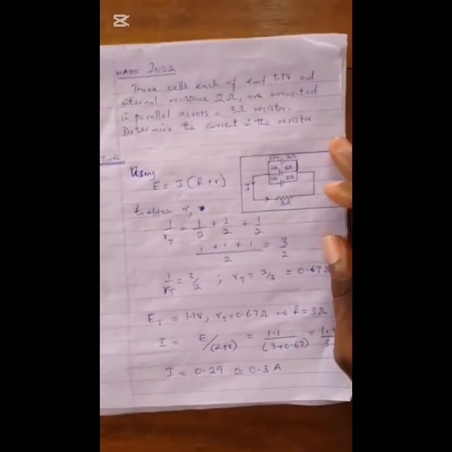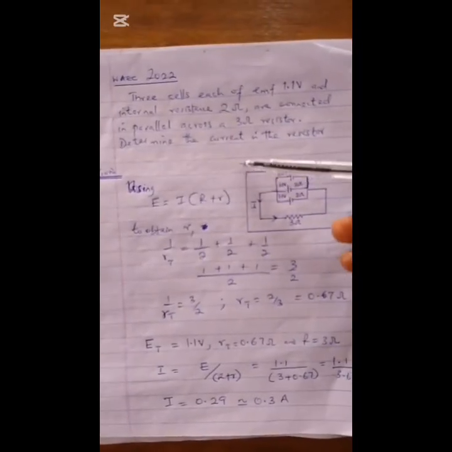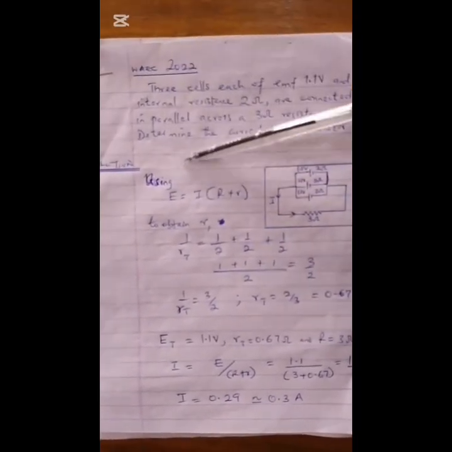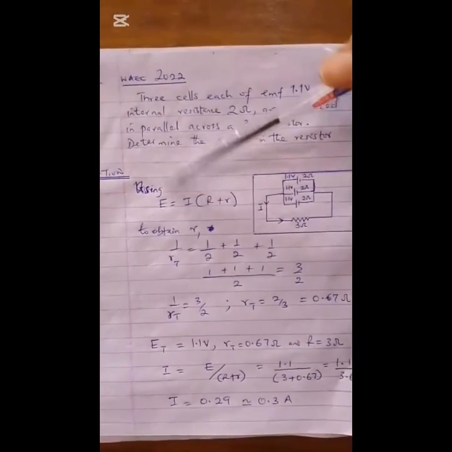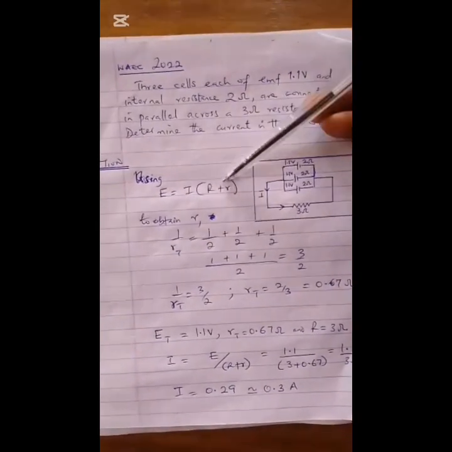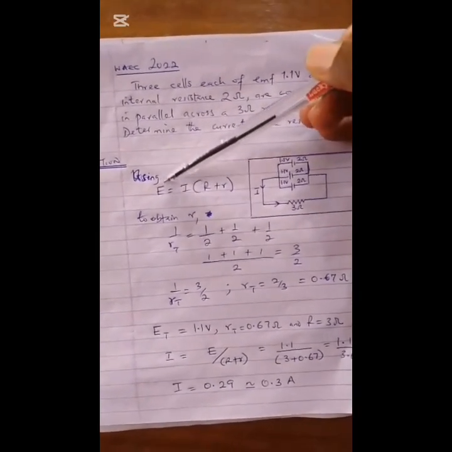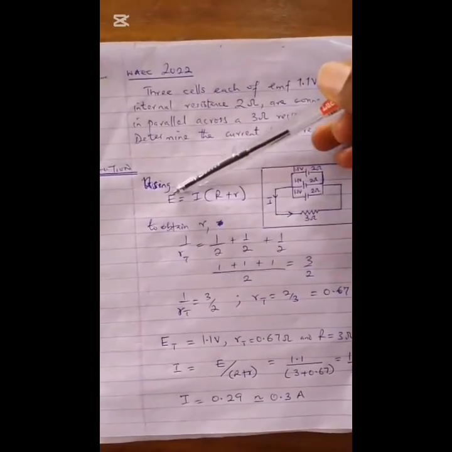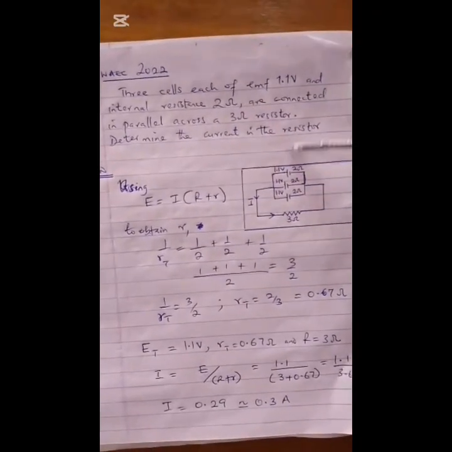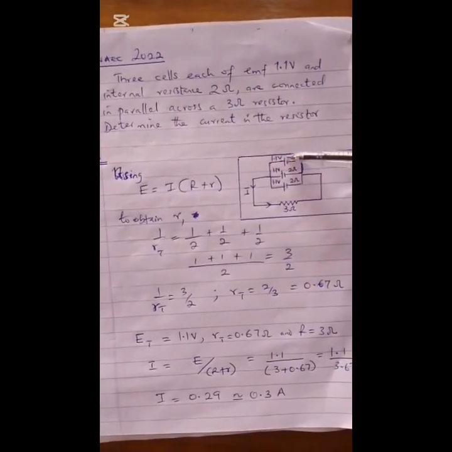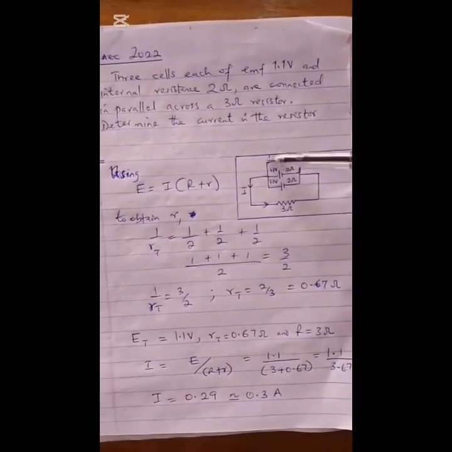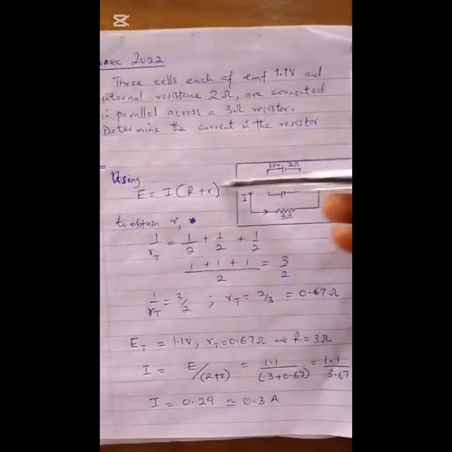All right, so to solve this question, we have to use the formula that connects internal resistance, small letter r, external resistance R, current, and EMF. For cells in parallel like this, the effective EMF is the EMF of one of the cells. So we're going to use 1.1 volts as the effective EMF.